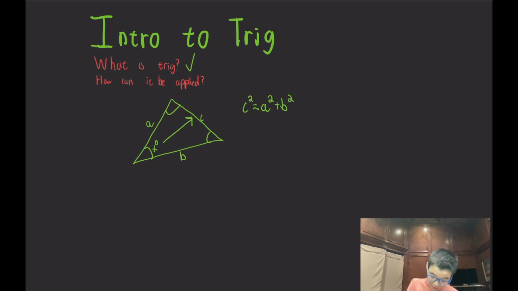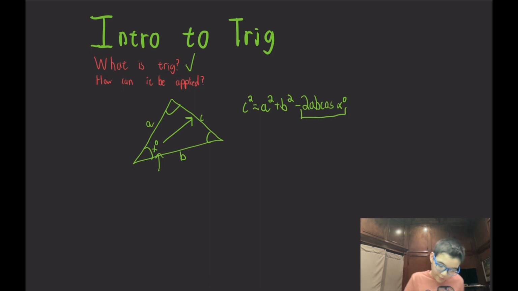This is looking like the Pythagorean theorem, but there's more: minus 2ab cosine x. That's how the normal formula would go with the angle C, but instead we defined it to be x. So this looks a lot like the Pythagorean theorem, but there's this extra term.